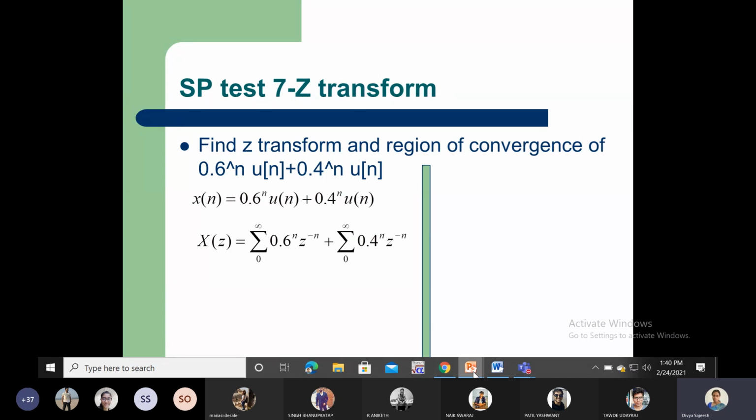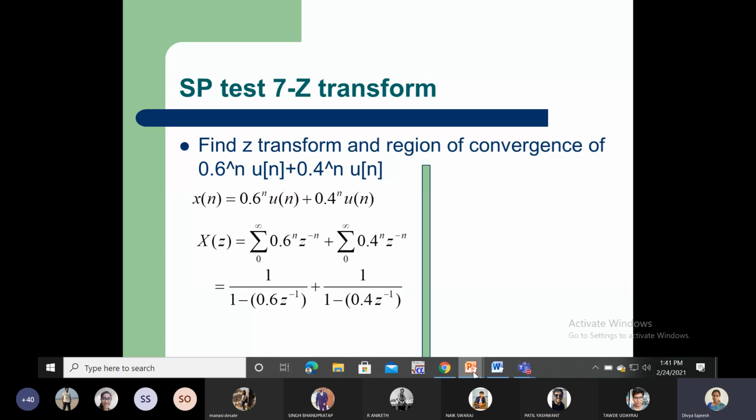Using the infinite geometric sum series formula, I can expand this with the condition as 1 upon 1 minus c. Here c raised to n is 0.6 raised to n times z raised to minus n, which together can be written as (0.6 z inverse) raised to n.